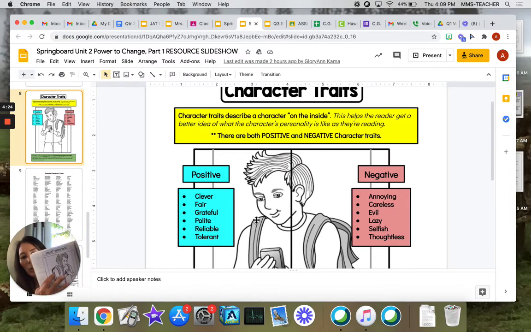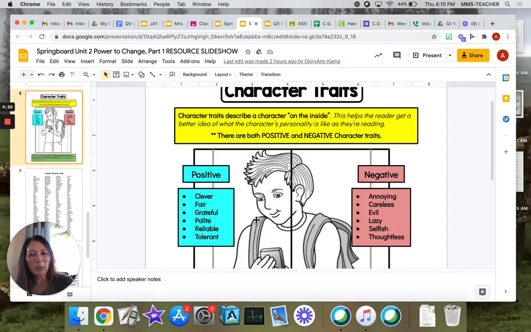Now, we have a sample for you right here, so don't choose any of these. So here are some positive character traits. So they would be traits such as clever, fair, grateful, polite, reliable, tolerant.